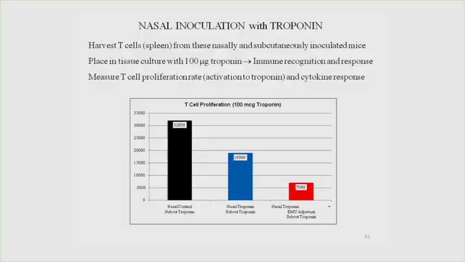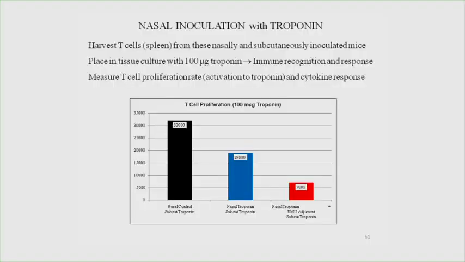What they do, they harvest T cells from the spleen from these nasally and later subcutaneously inoculated mice, place in tissue culture with the target troponin, and we're going to see how readily those T cells respond and proliferate. Now, the animals that did not receive any nasal immunization, that then get the subcutaneous troponin, rip-roaring Th1, Th17, their T cells are going to proliferate when you give them their target.